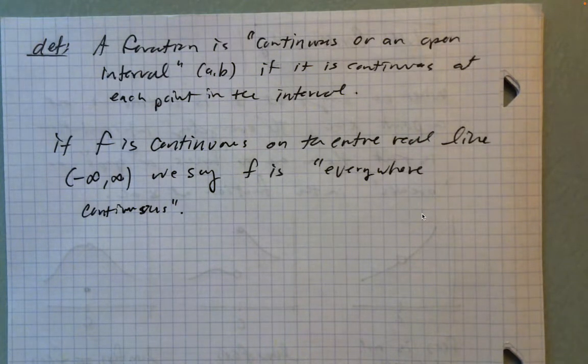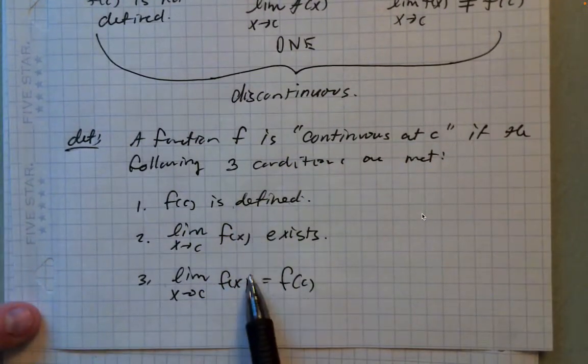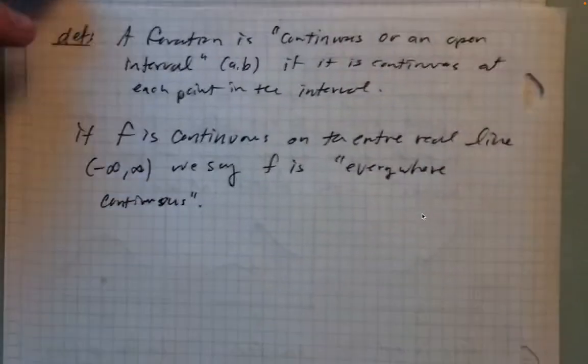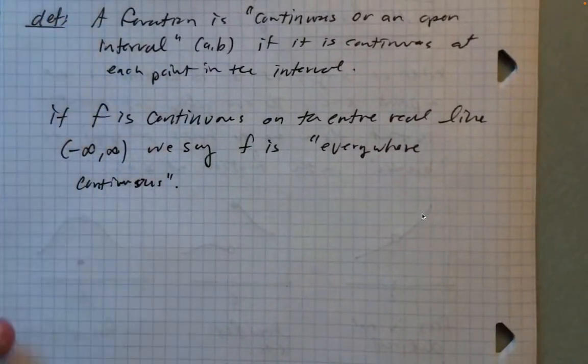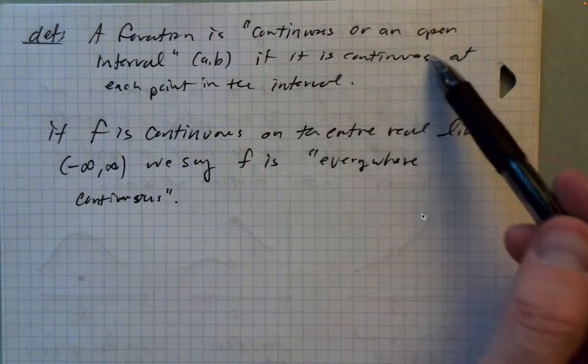Very good. So this idea of continuity is a very well-defined idea based on these three conditions. These three conditions have to be met in order for a function to be considered continuous. And we can expand the definition of continuity to describe entire intervals.